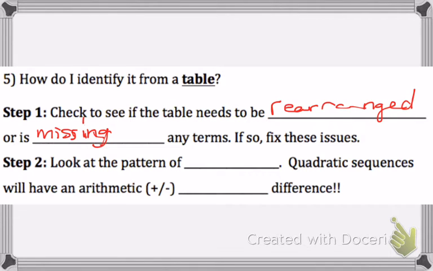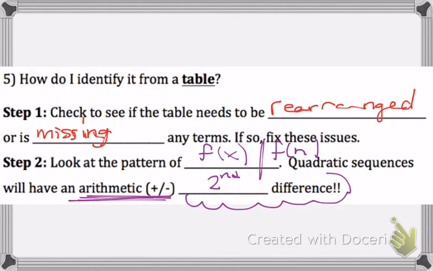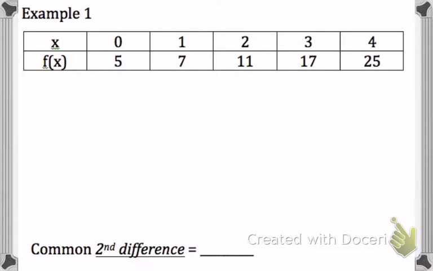Then we're still going to look at the pattern of the f of x, or f of n, only this time, remember, we have an arithmetic, it adds or subtracts, second difference. Looking at this one, to make it easy, because this is Math 1, I put these in order, so you're not going to have to do any rearranging, at least in Math 1.